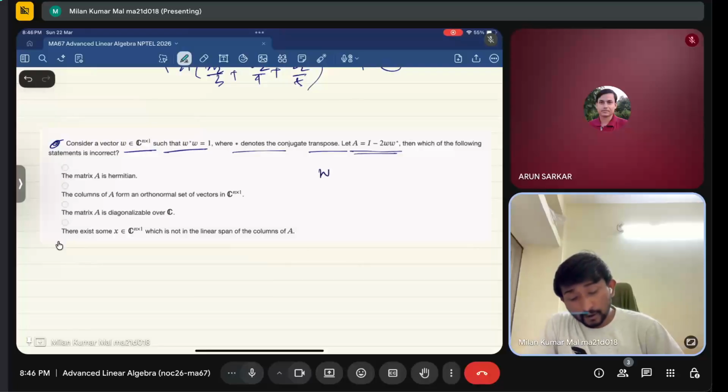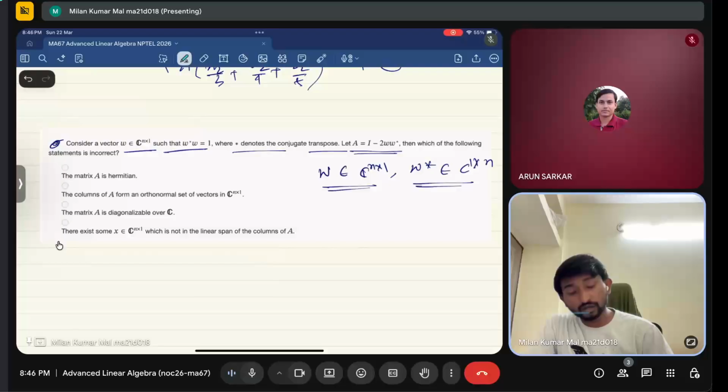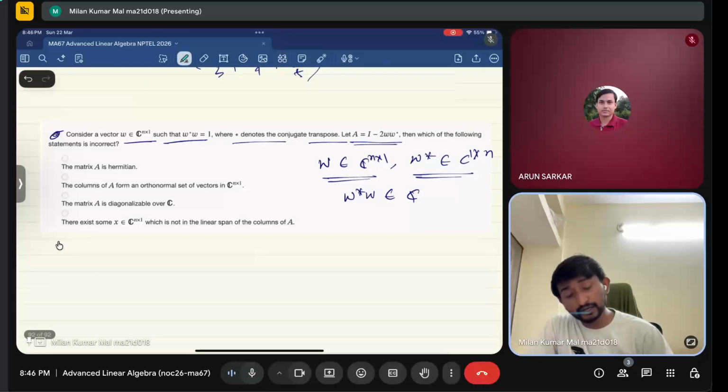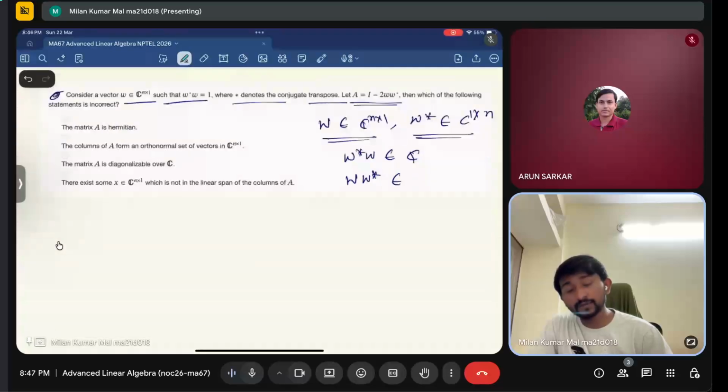Note that W is in C^(n×1), so W star is in C^(1×n). This is a column vector, this is a row vector. So W star W is a complex number in C, there is no doubt. But W W star must be a matrix of order n by n.